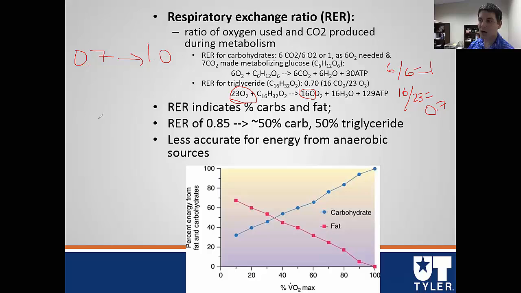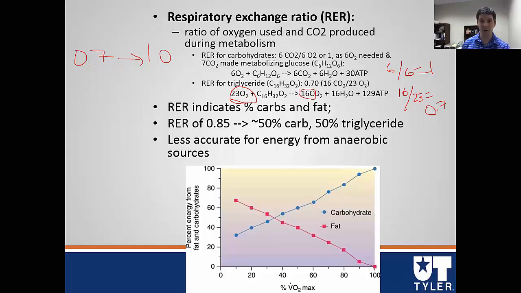So if you are using only fatty acids as your aerobic metabolism, then you would have an RER of 0.7.